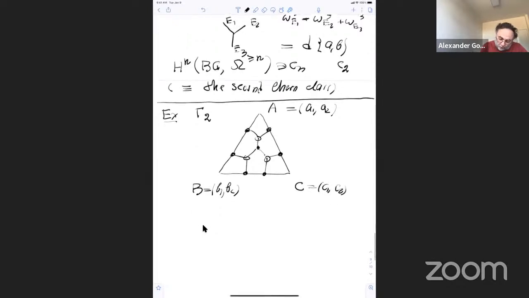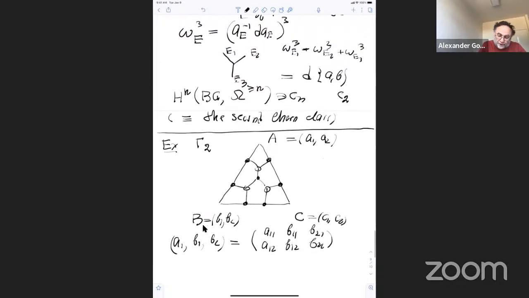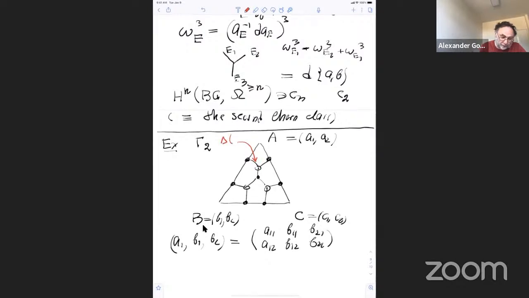And then you can encode these vectors. I need, for example, this triple A1, B1, and B2 by a 2x3 matrix. This is like A11, A12, B11, B12, B21, B22. And then I claim that the coordinates which we assign by this procedure, if you unfold all the definitions, are precisely the following: here stands the quasi-determinant, which I denote delta of A1, B2.